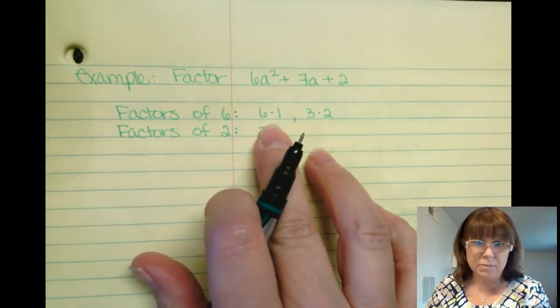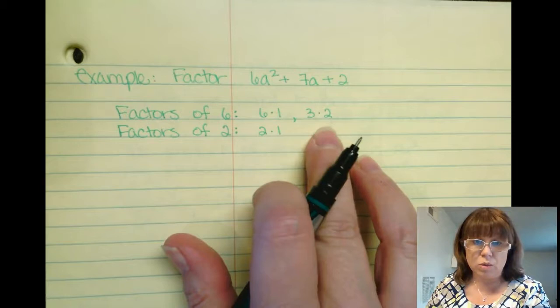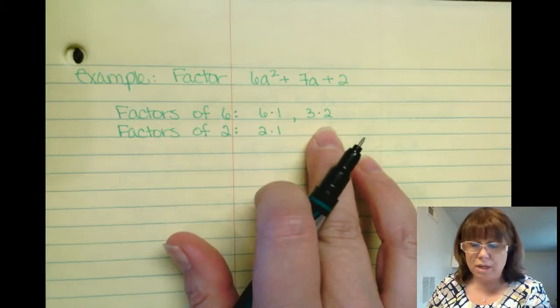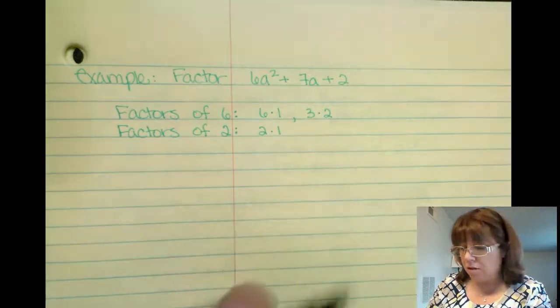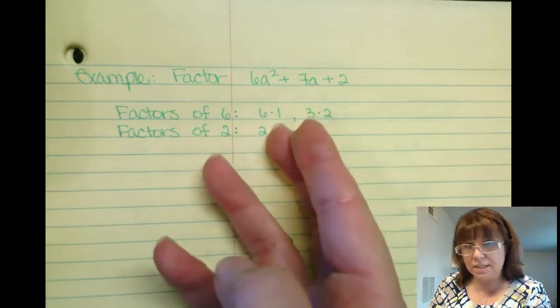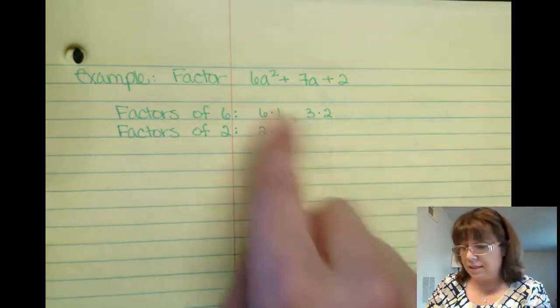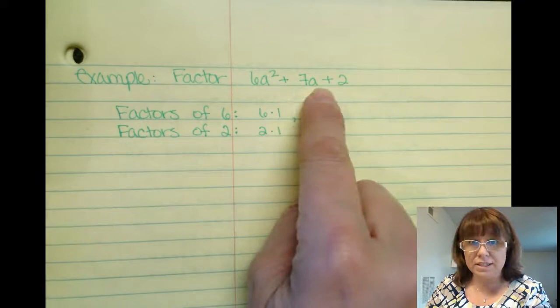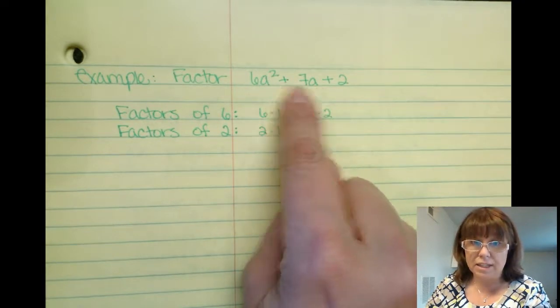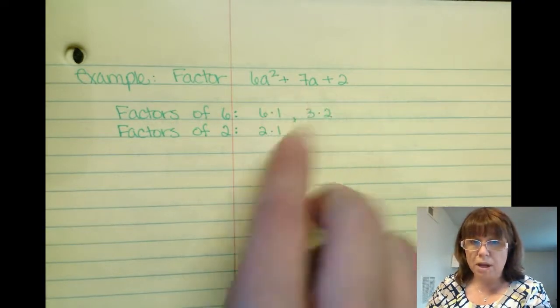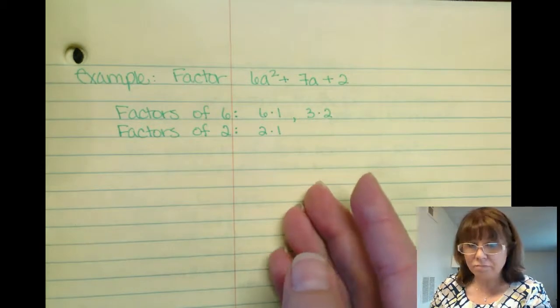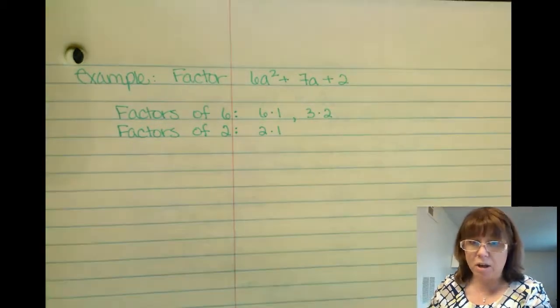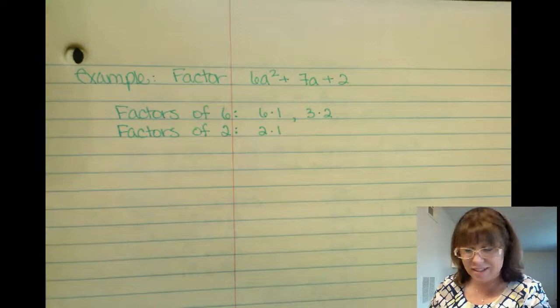So I can do 6 times 1, and I can do 3 times 2. Now I'm not worried about the reverse of 1 times 6 and 2 times 3, because all of my problem is positive addition, so the possibilities are going to repeat themselves in essence.